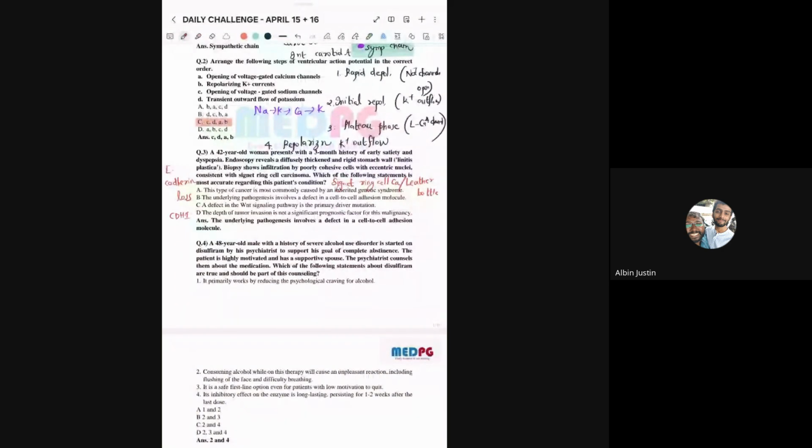First option is it is inherited. No, it is not inherited. Instead, it is sporadic. Second option is the underlying pathogenesis involves a defect in cell-to-cell adhesion molecules. Yeah, that is true. E-cadherin is an adhesion molecule. Third one, defect in WNT signaling pathway. No, it's not the WNT signaling pathway.